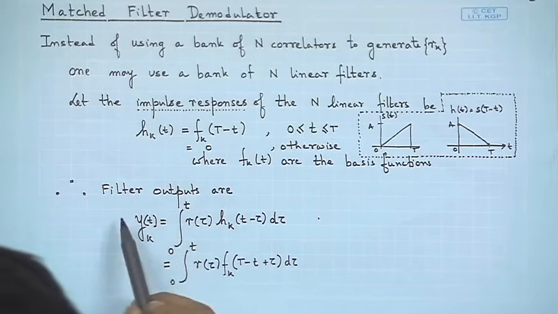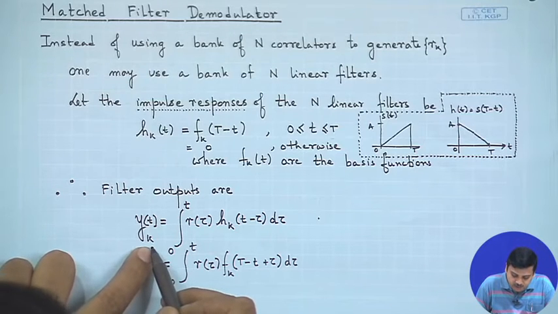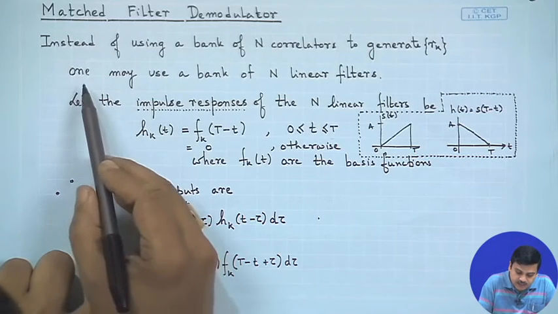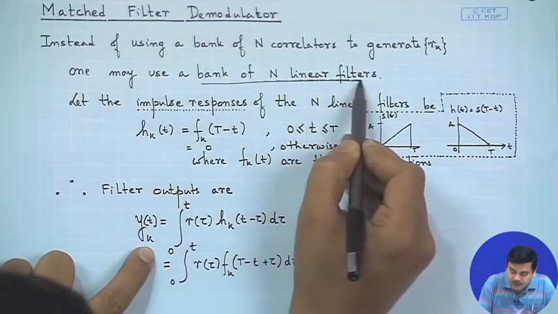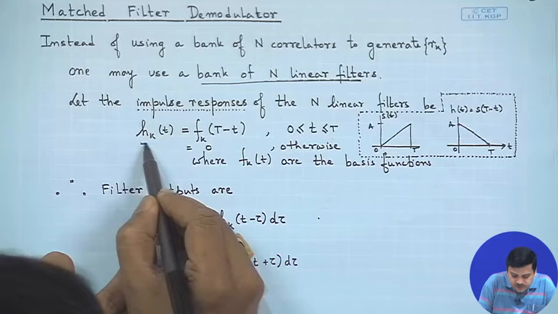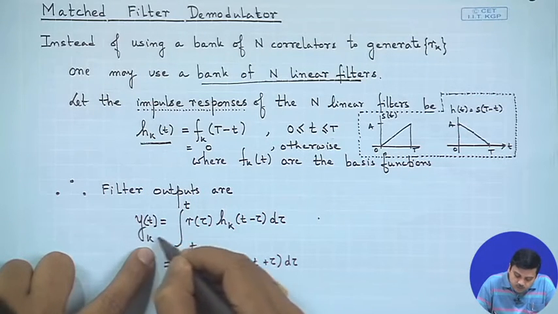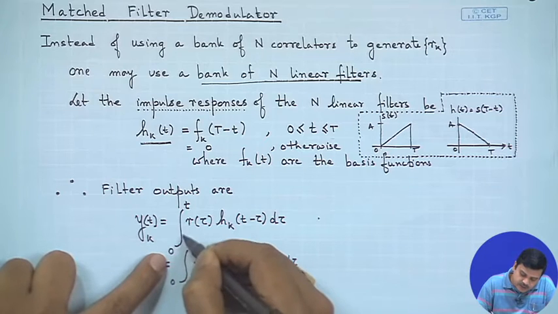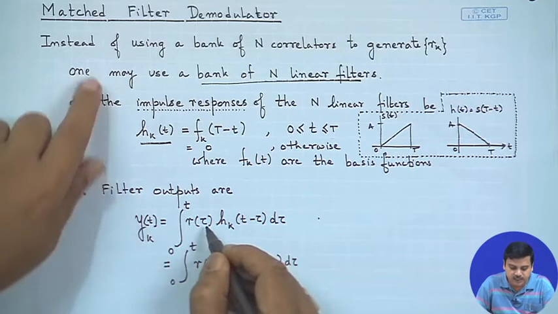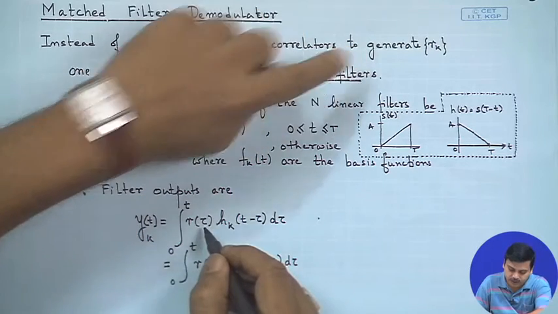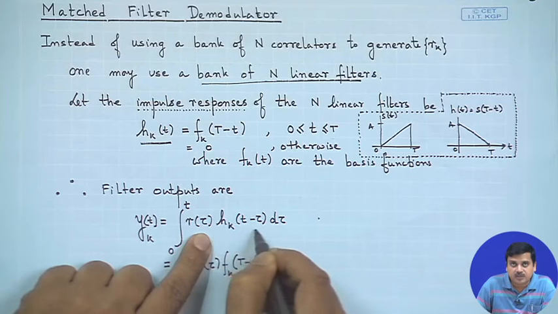Now our filter output y_k(t), because you are sending the signal to a bank of n linear filters, each having this impulse response, would be the integral from 0 to t of r(tau), that is the input signal, convolved with the impulse response, right.